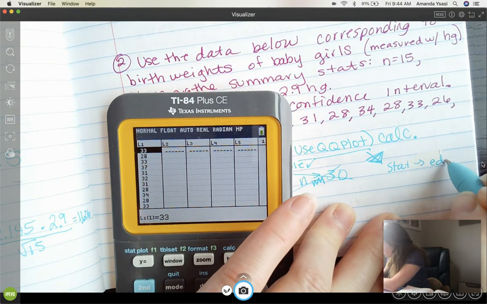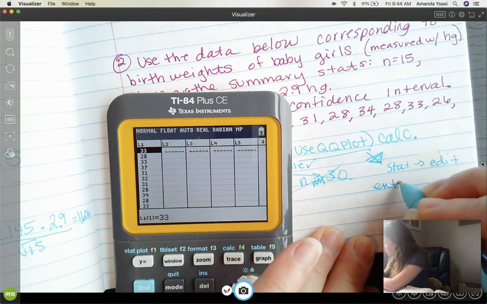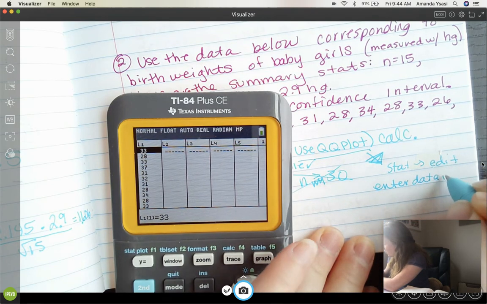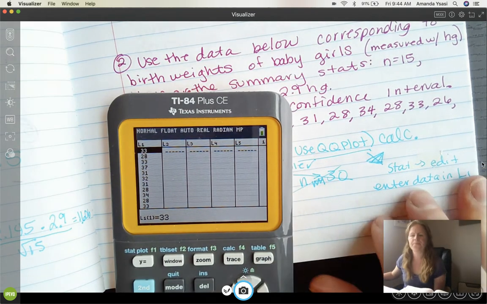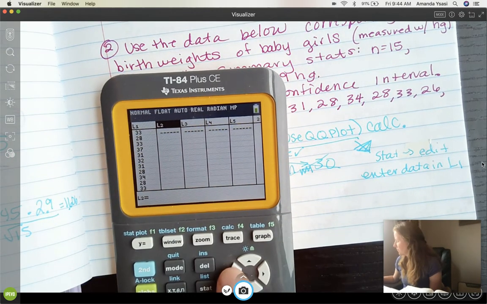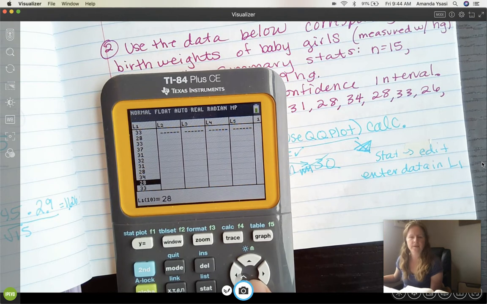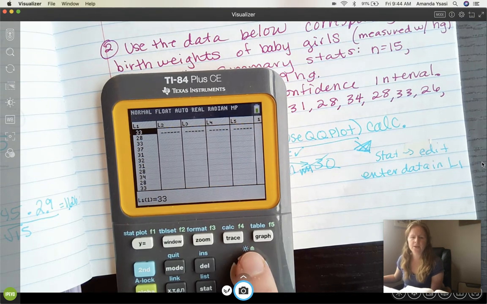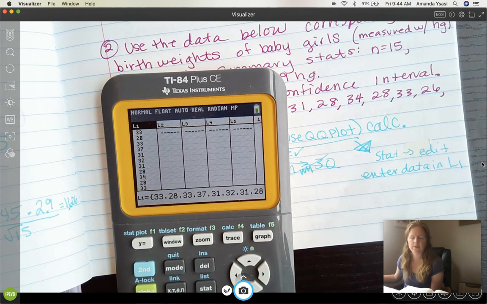And then you want to enter data in L1. Okay, I've already put it in L1. So it's all in there, all 15. And you can double check by looking at it there too.